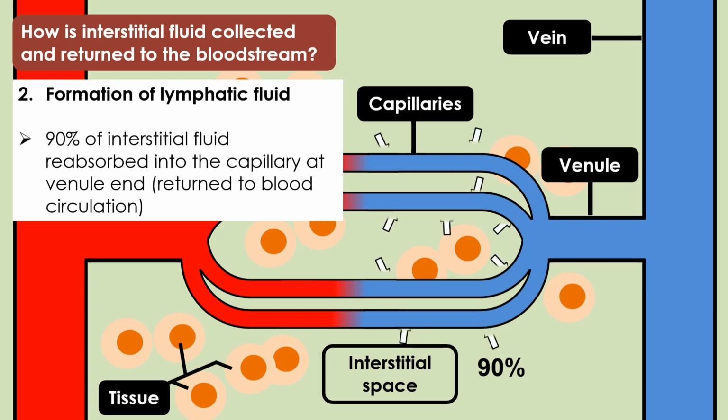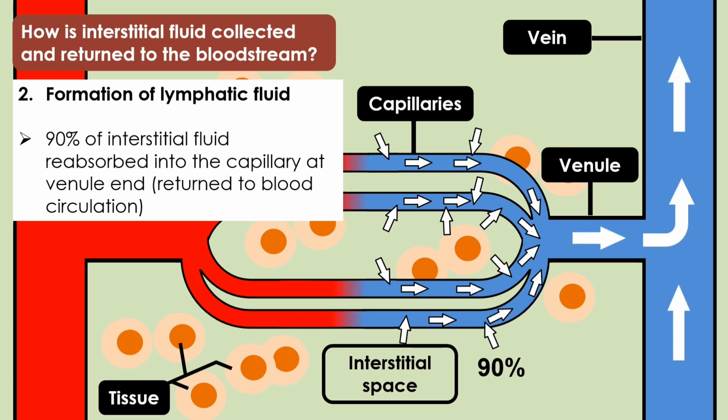Both of these conditions are responsible for about 90% of the interstitial fluid being reabsorbed into the blood capillaries at the venule end. The blood in the capillaries will enter the venule and then into the vein and be transported back to the heart.